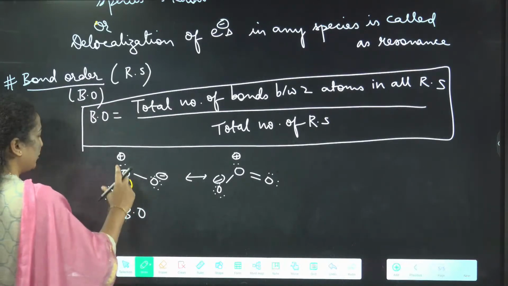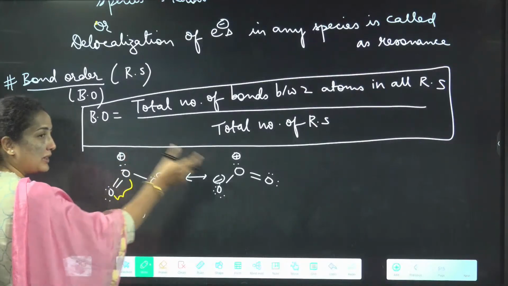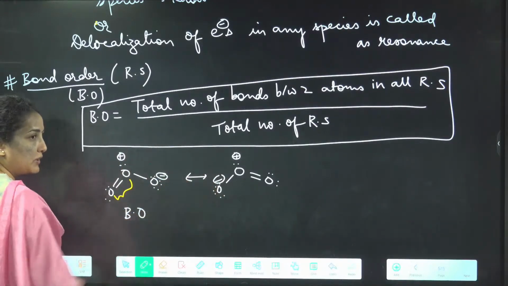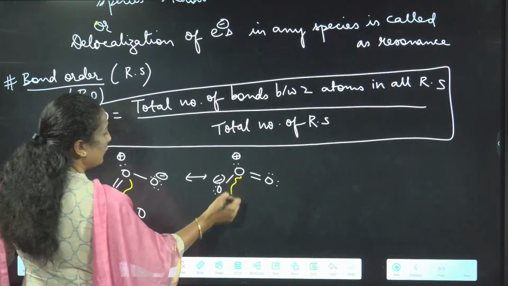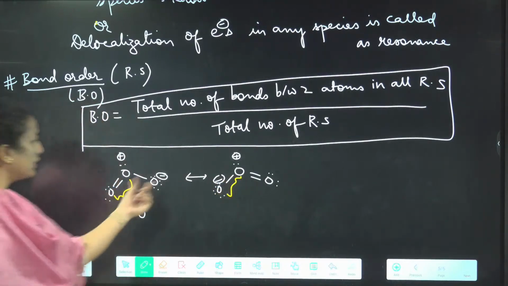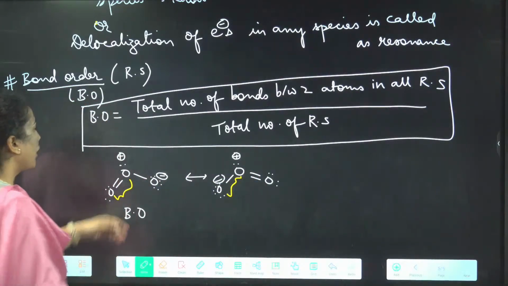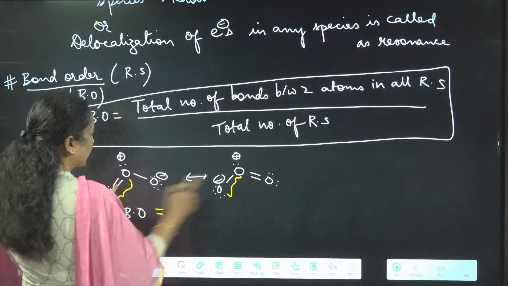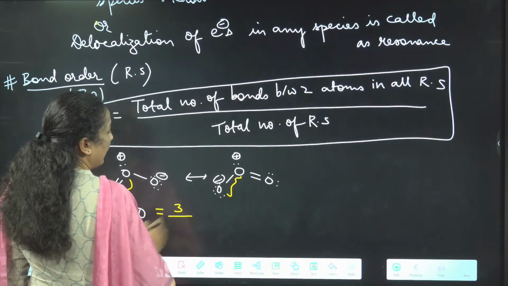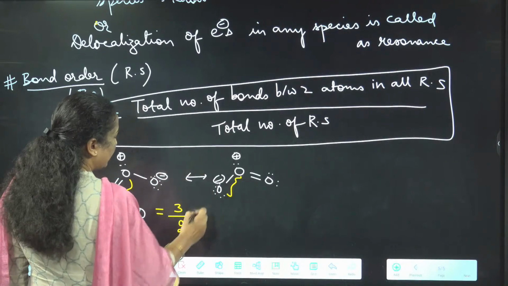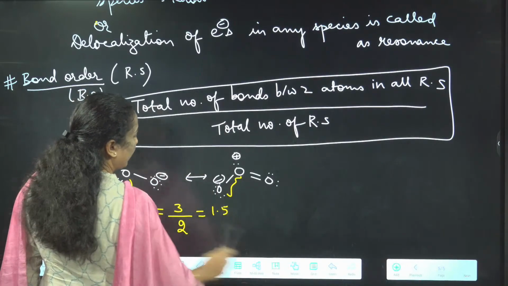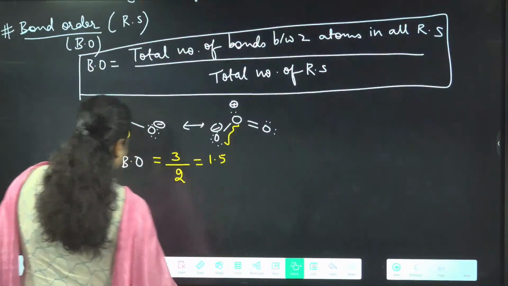Either you take this or you take this, but it has to be the same bond which you are referring to in both the species. So here if this bond, you have to consider this bond only. You cannot take this two and this two here, right? So how many total bonds between the two oxygen atoms here? 3. And what is the total number of resonating structures? Only 2. So you'll be getting bond order as 1.5, right?